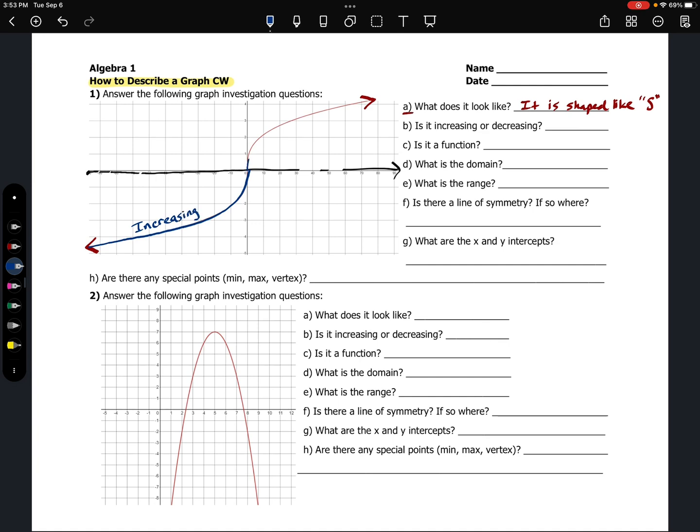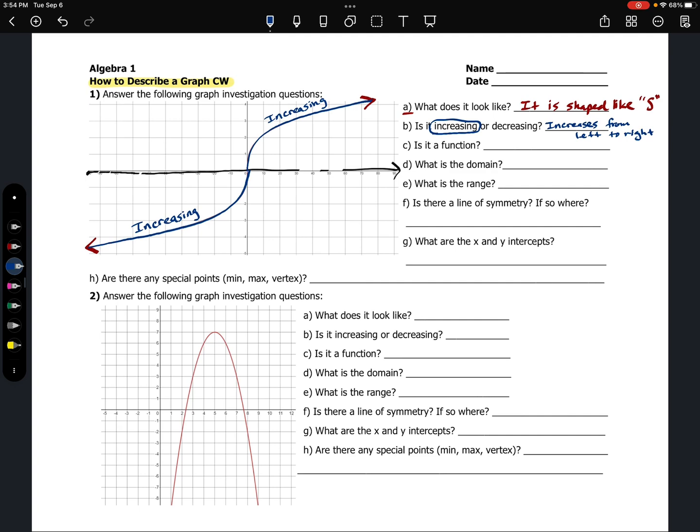All right, then we reach this point, and then we're still going up as we're going to the right. I got a little steeper there for a second, but this is still all increasing. It's going up to the right. So we could say here, this graph is going to be increasing. Right, so we'll say it increases from left to right. Okay, so as we go to the right, it's going upward.